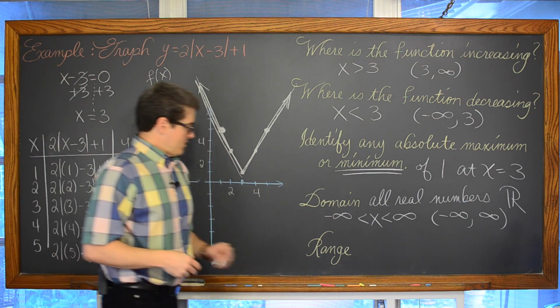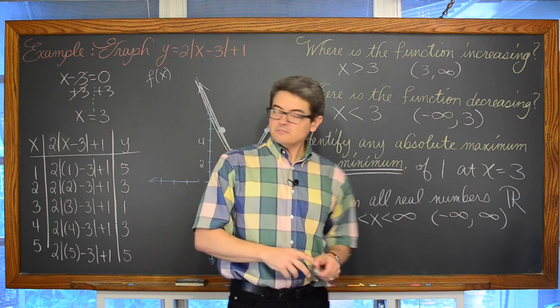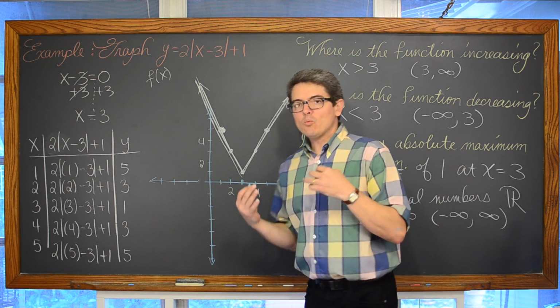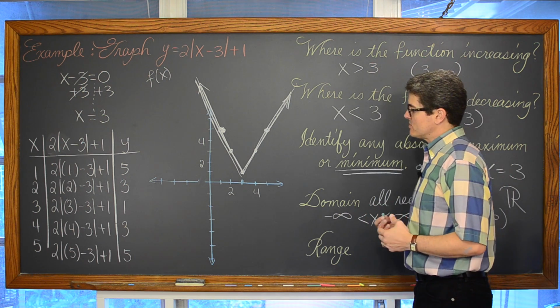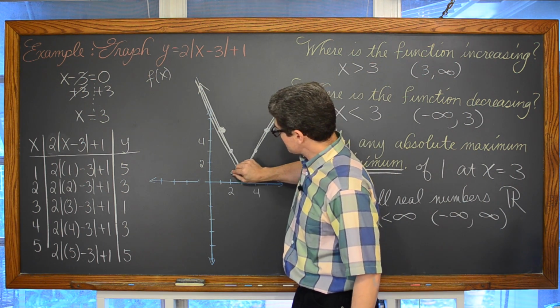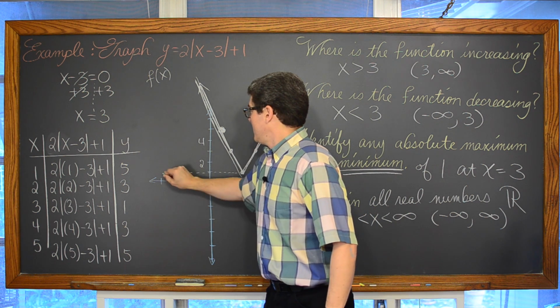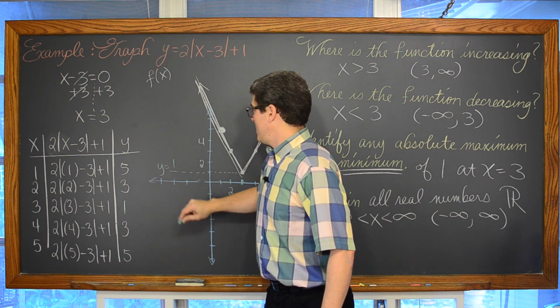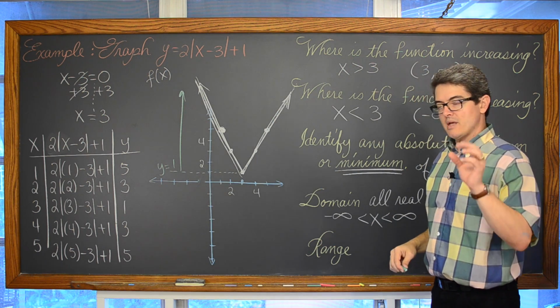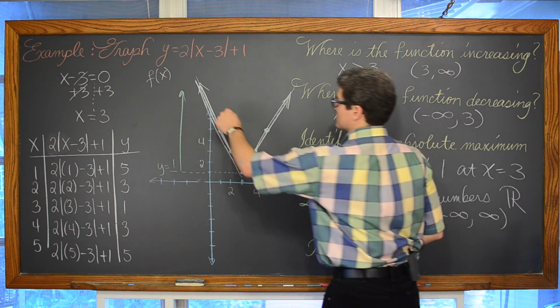The range values, well, my x is going on forever. My range values, what y values, what dependent values are included in all the points that we see represented by this graph? Well, the smallest y value we've already discussed is a y value of 1, and then the graph goes up forever. Now, y range has something to do with y, but not the y-intercept.